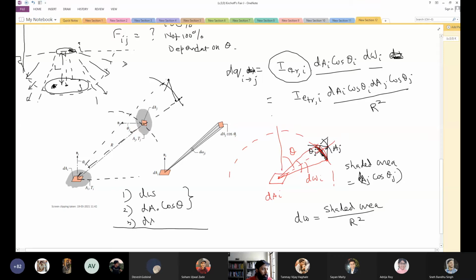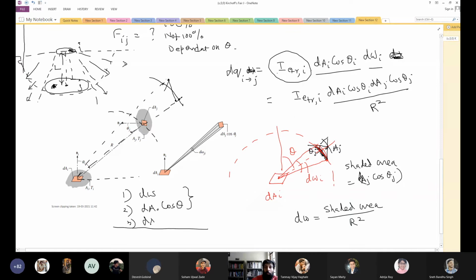Or rather, this is radiosity intensity, and the total radiosity is the integration over all lambda.